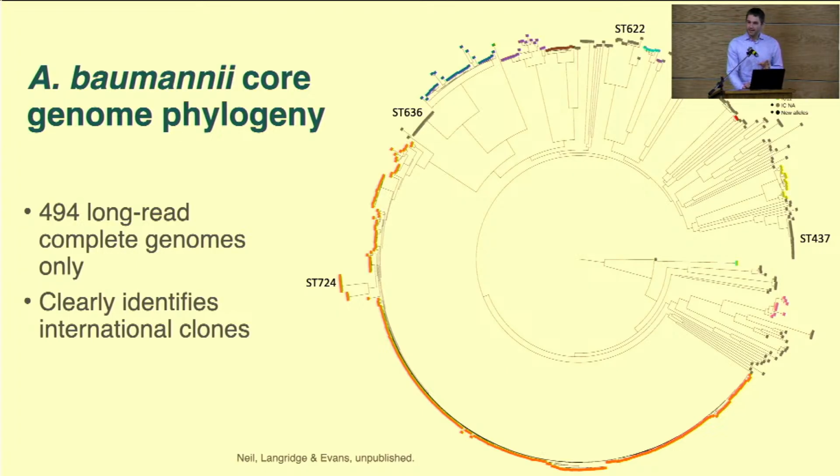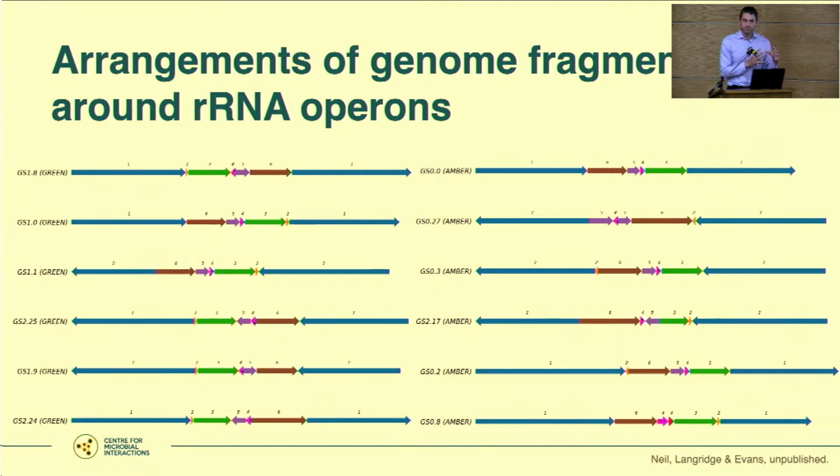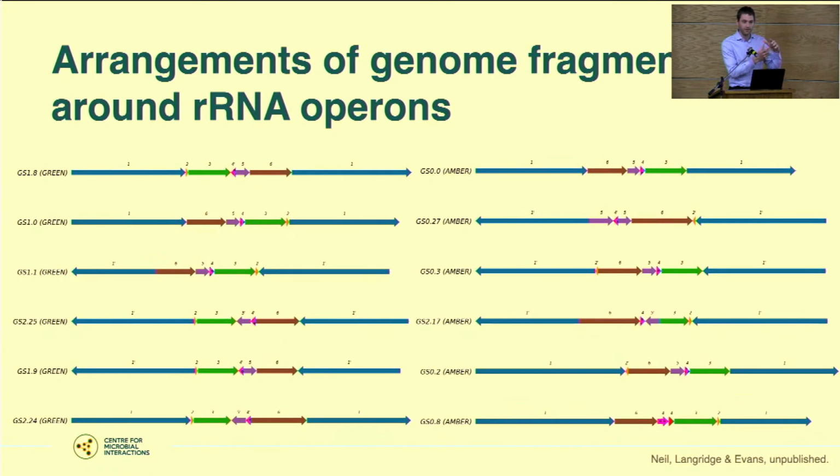The first thing we then did is look at rearrangements around ribosomal RNA operons. So bacteria have multiple copies of their ribosomal RNA operons. In Acinetobacter baumannii, they have 6 copies. But because those are identical copies, they're sites at which recombination can easily happen, because you've got that same bit of identical sequence.